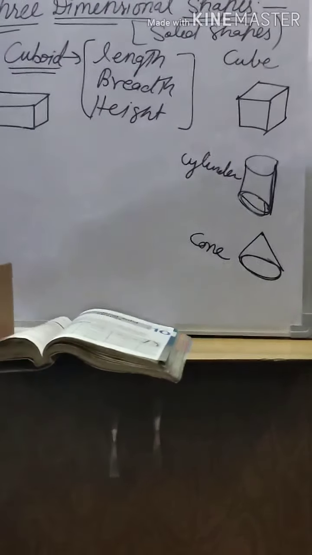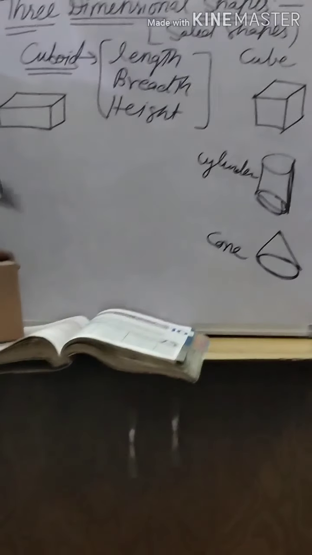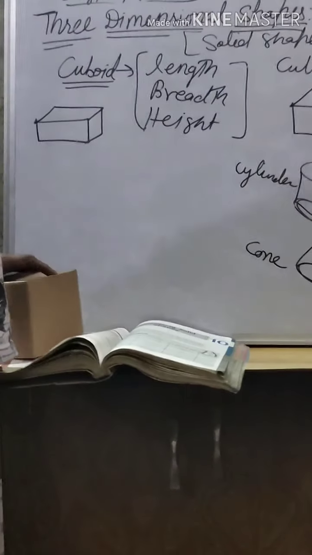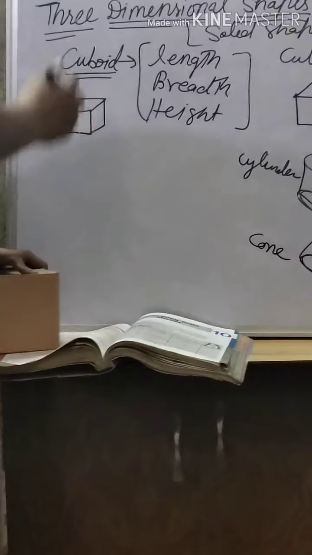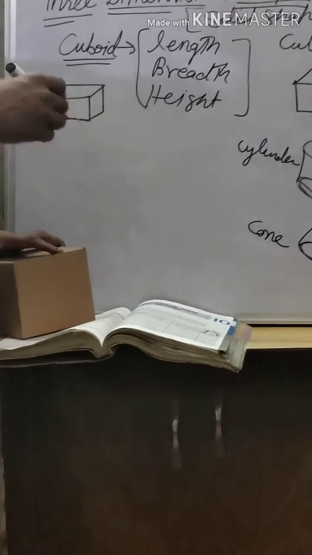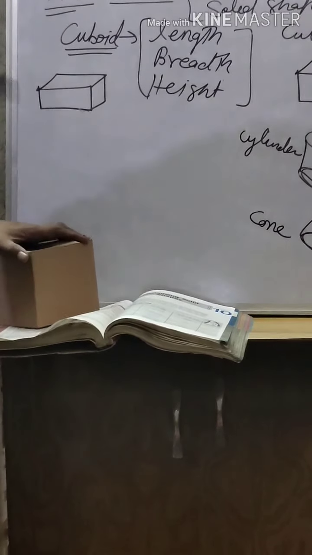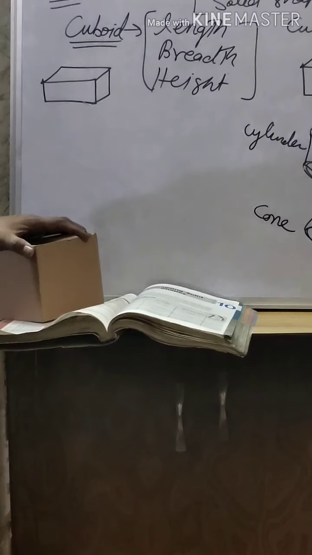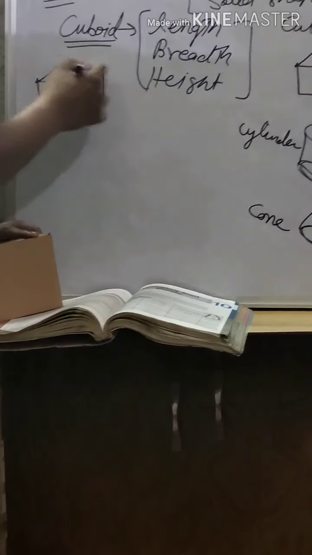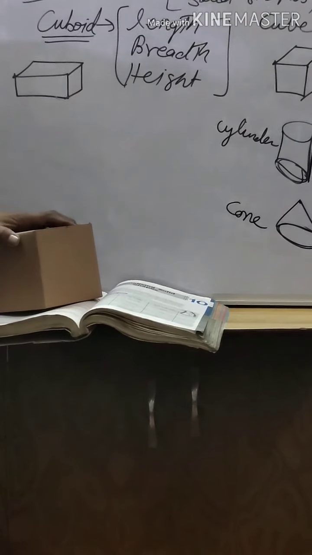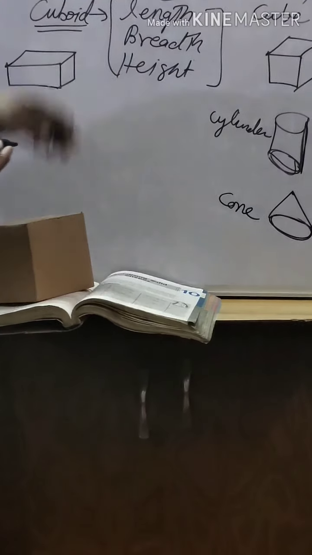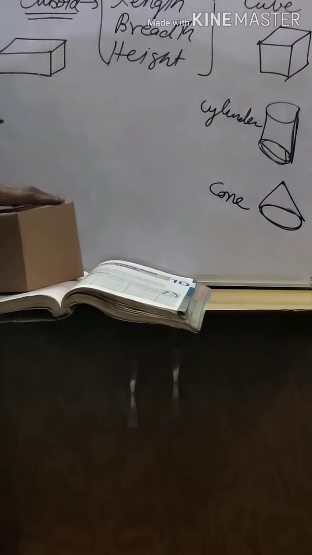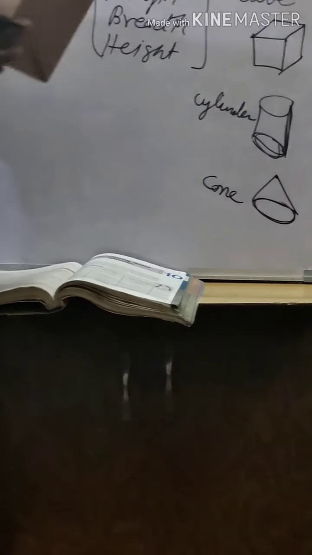So now, my dear students, this is the starting of the chapter, and in this chapter we learn how many vertices and edges are there in a cuboid. Clear this? These solid shapes are three-dimensional figures, because length is there, breadth is there, height is there.